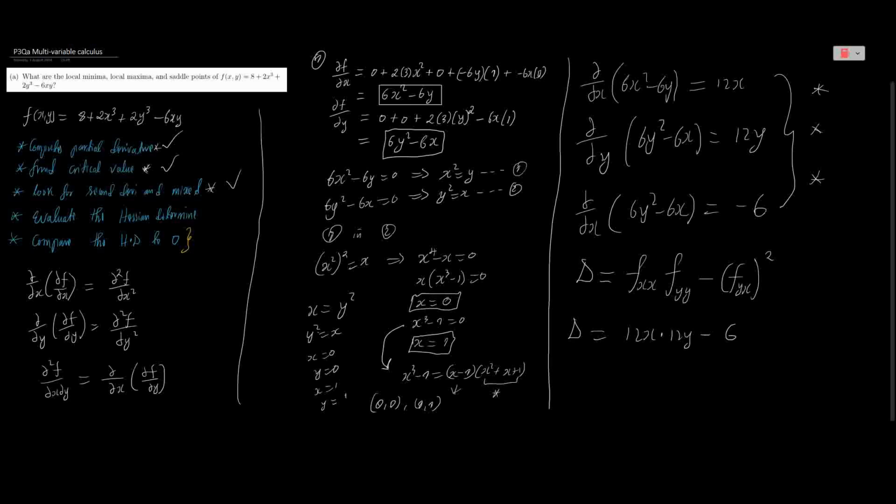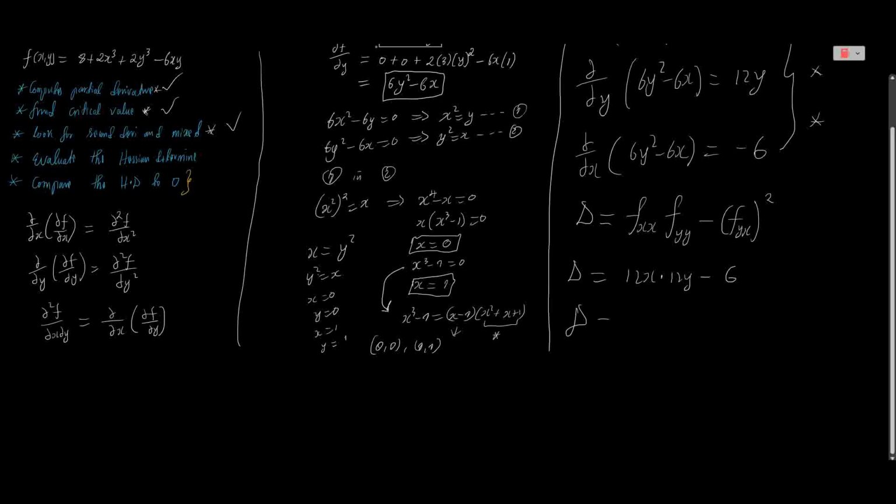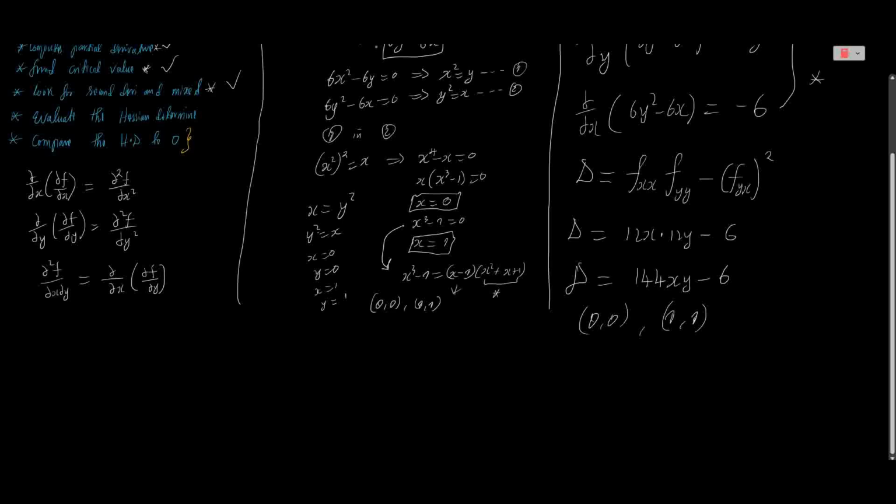So as simple as that, once we have this value, we are going to evaluate it at the critical points that we saw above, right? And then we compare this with some standard conditions. For the first point, putting 0, 0 here will simply give minus 6.